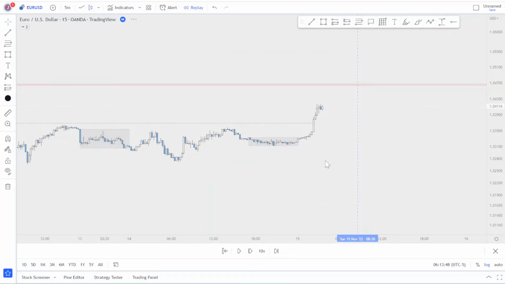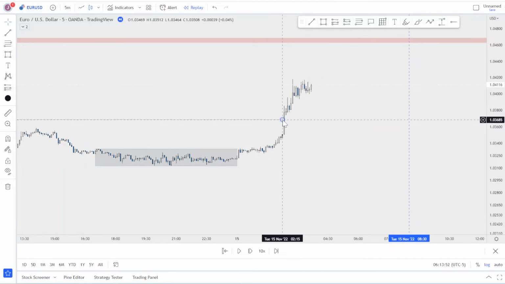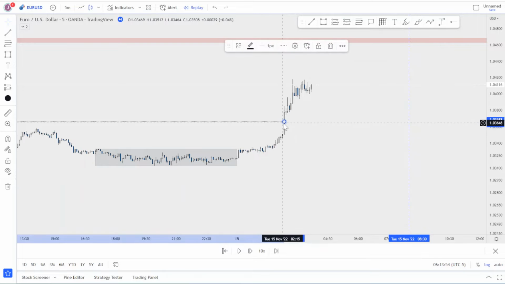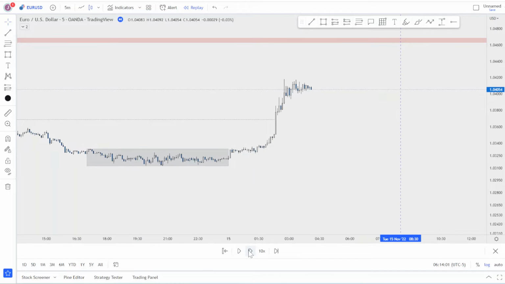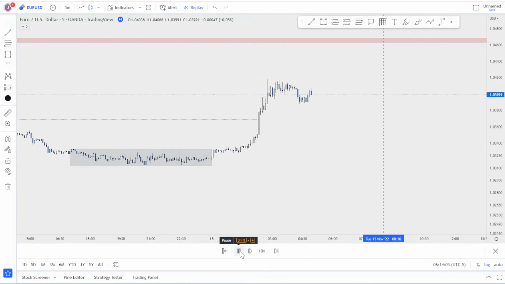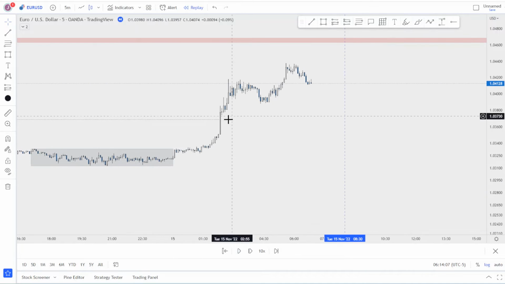Now, even if we go to a 5-minute time frame, we can see that, yes, we took this out, but we didn't really push down afterwards. We're kind of just mucking around there. Then price starts to fall a little bit, goes back up. It's really not showing any move that it wants to go down and start dropping.